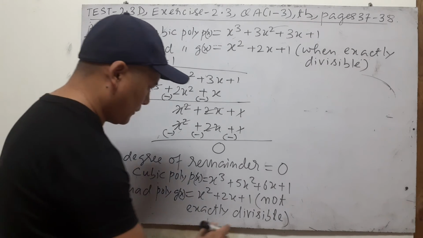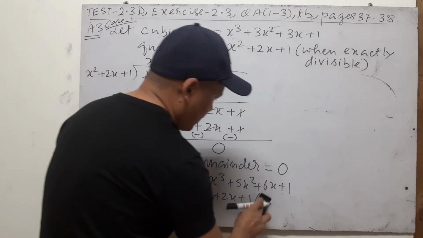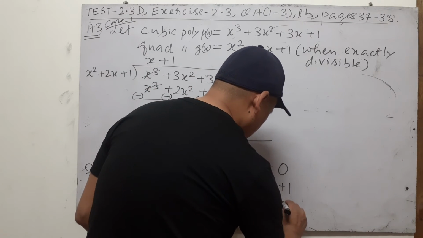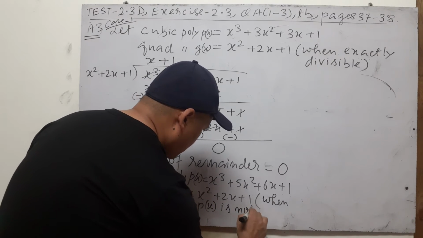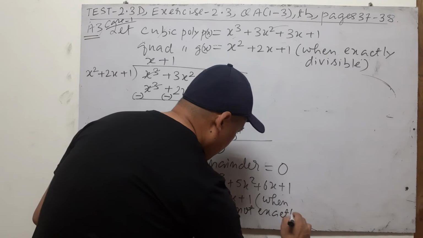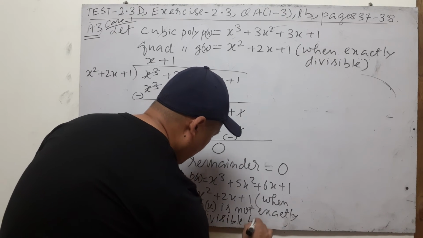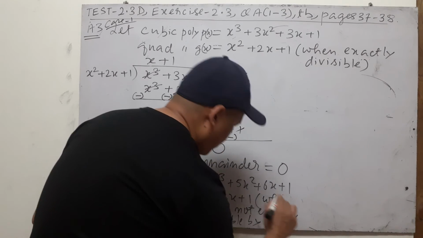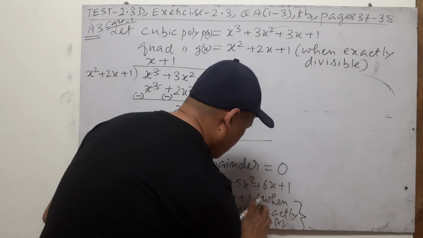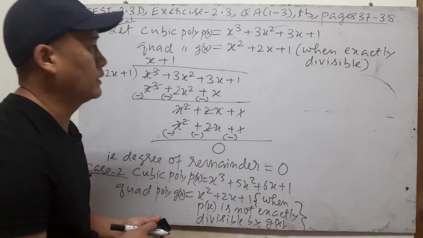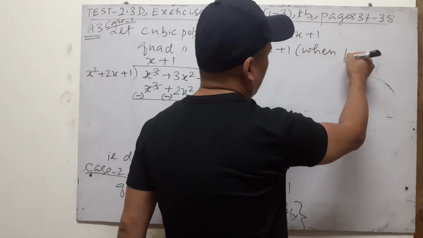You can write here a little bit more specific if you want: when p of x, that means the dividend, is not exactly divisible by g of x. This is also okay, but you can specify more detail.